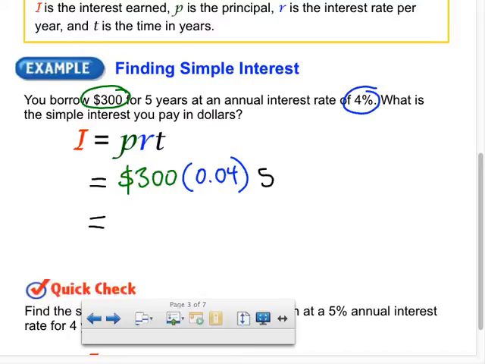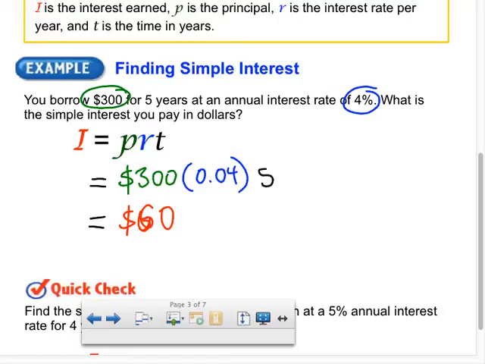Okay, what do we have? Who has the answer? Go ahead, Noah. The answer I came up with was $60. Is that what you guys got? Yeah. So the interest is $60.